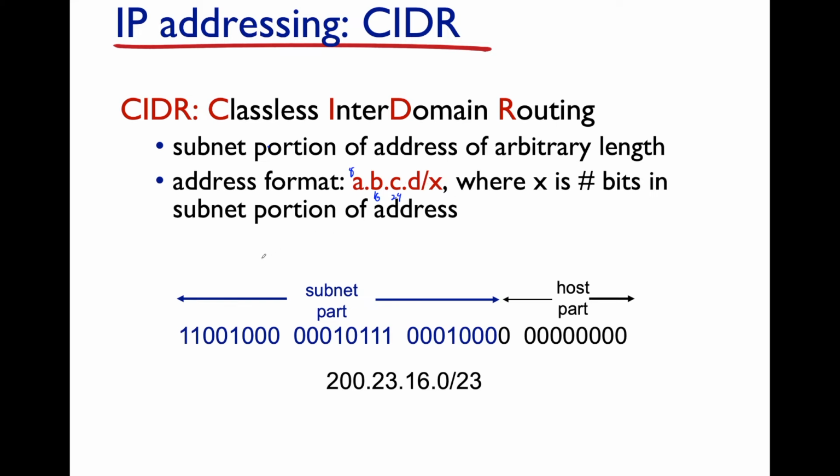And so in doing so, well, you still have the subnet part, and in this example, you have 200, so this is 200 in binary. You have 23, right, 16, and 0. And the subnet mask is 23 bits long. So this is 8, 16, 18, 20, 21, 22, 23, and that leaves a total of 9 bits. 23 and 9 is 32, 9 bits left for the host part.